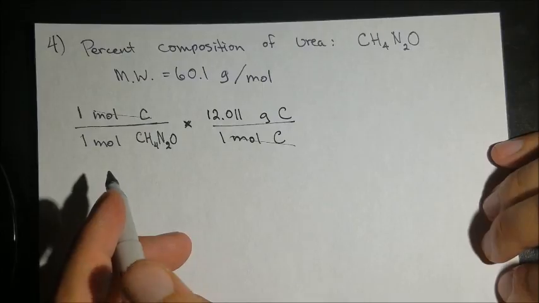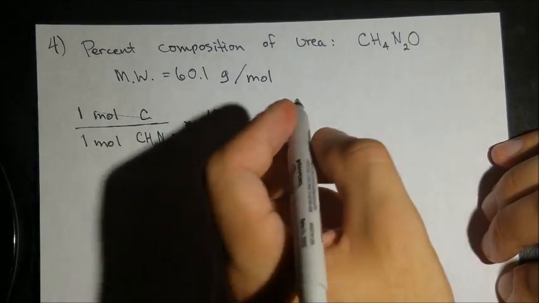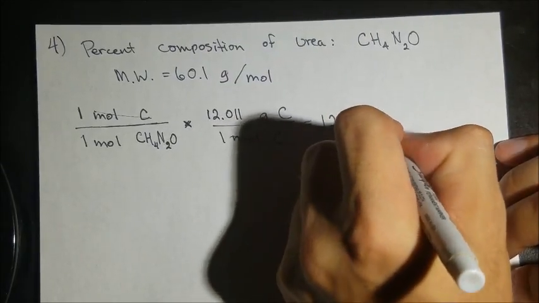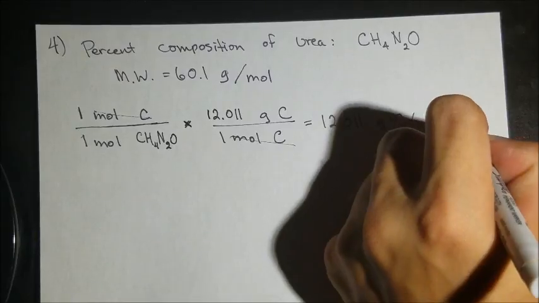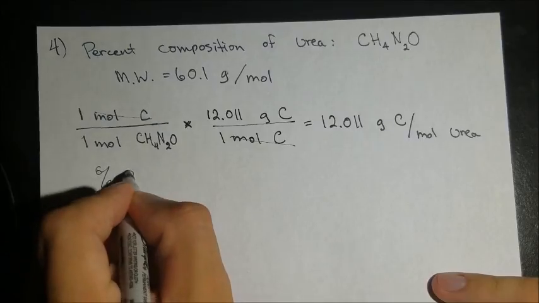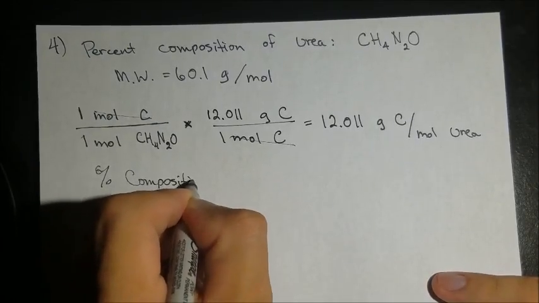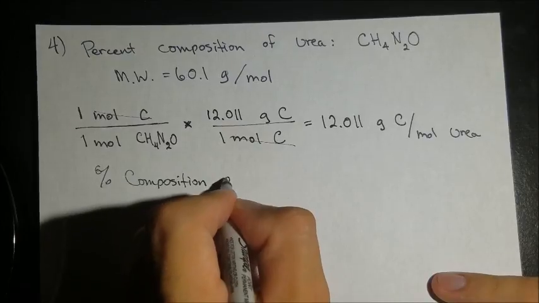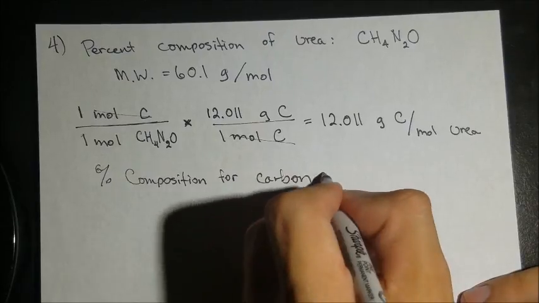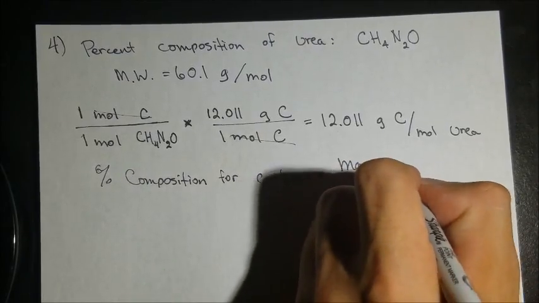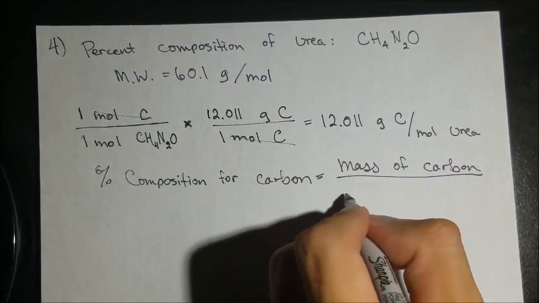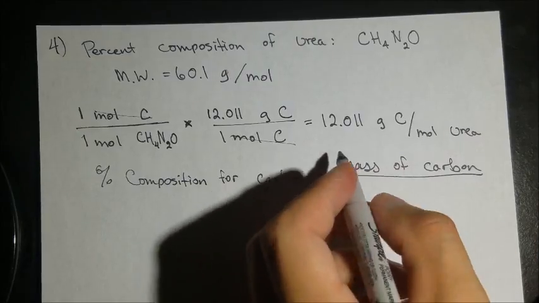Okay, so if we wanted to figure out what the percent composition is, we can say, well, okay, this is 12.011 grams of carbon in a mole of urea. Then the percent composition for carbon is just going to be the mass of carbon per the mass of 1 mole of urea.